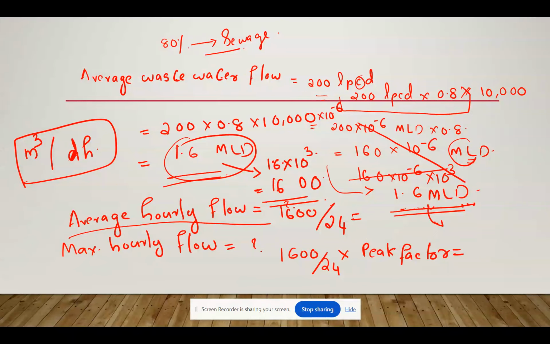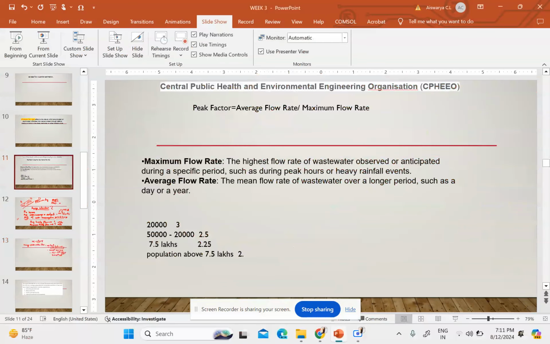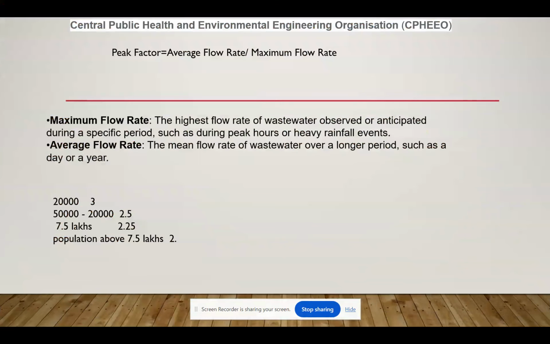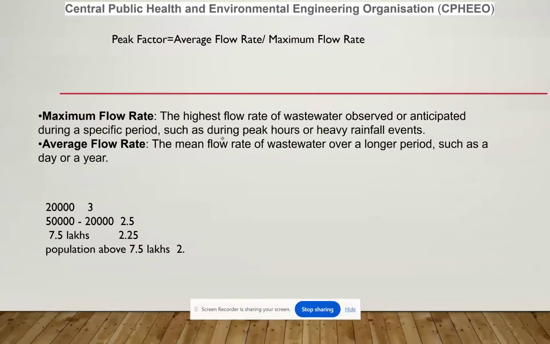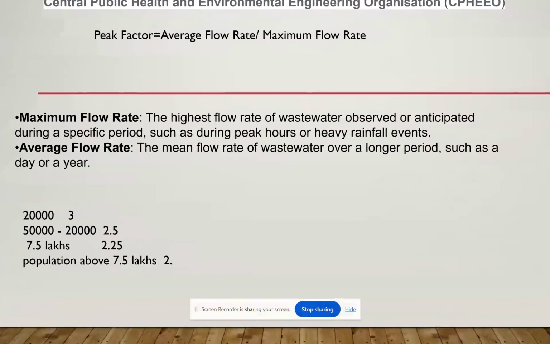Peak factors here, it is 10,000. So for till 10,000, the peak factor is 3. See here from the population, this is the peak factor. It depends on the city and even the region also. So peak factor is the average flow rate through the sewer system divided by maximum flow rate.